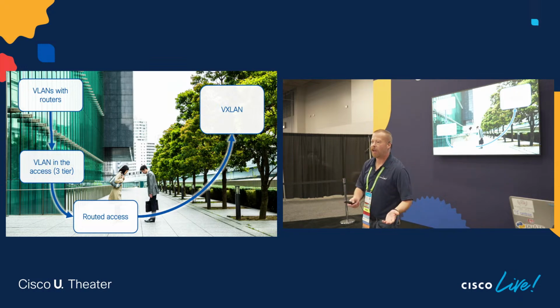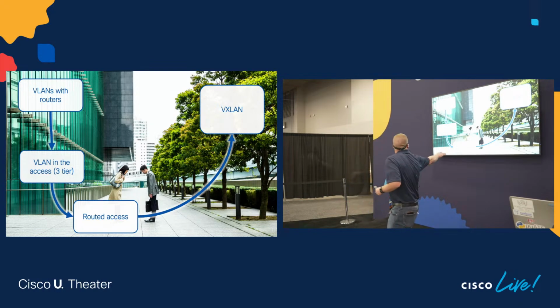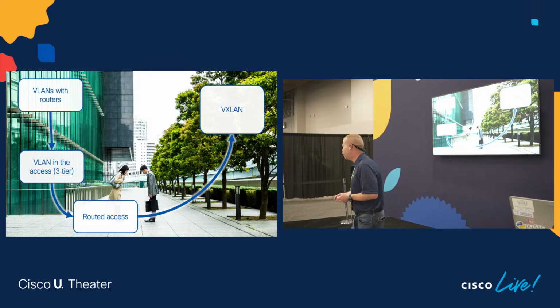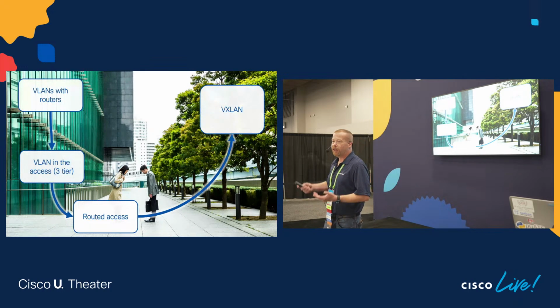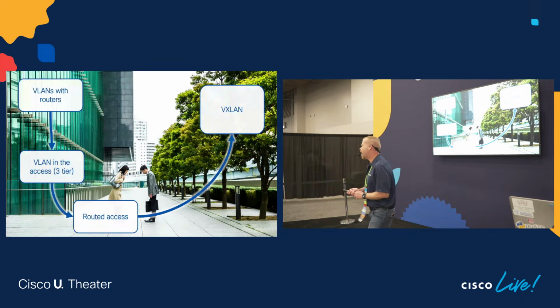We can take advantage of equal cost multipath. Our underlay, the routed access underlay, same thing, is providing all of the protection that we need. So it's keeping our network safe. We optimize the data flow, and that's it. That's all there is to VXLAN.